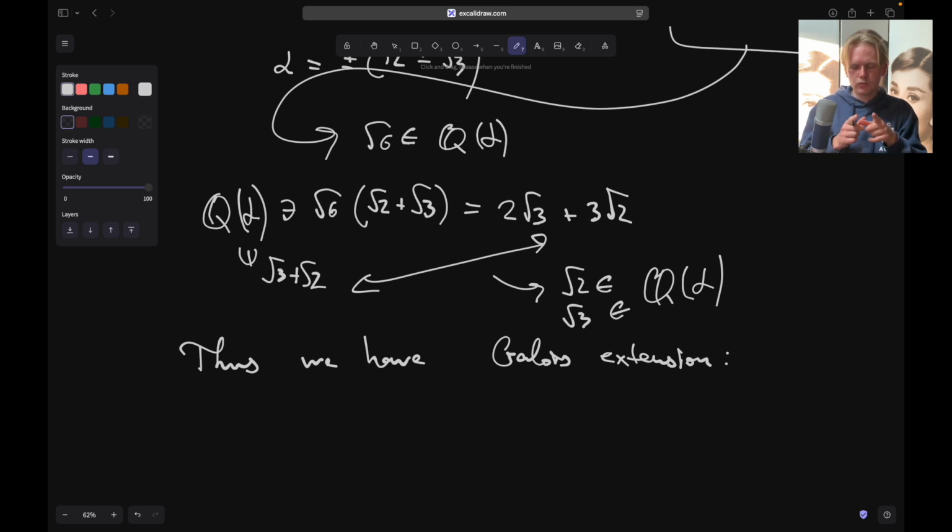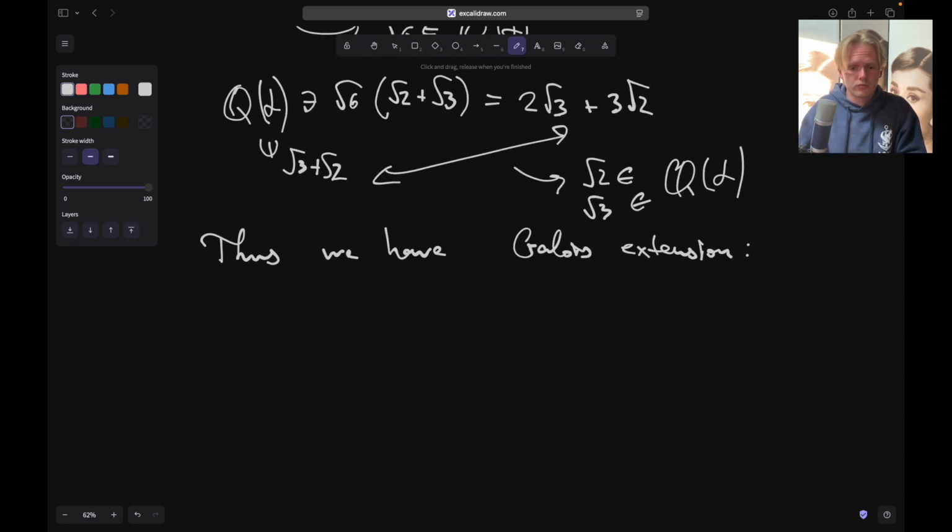And to check it, we call G this group, the Galois group of this extension.